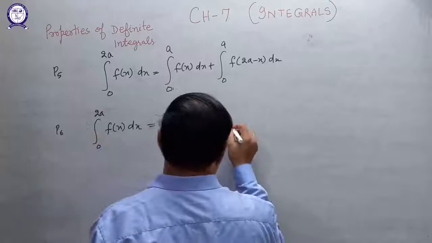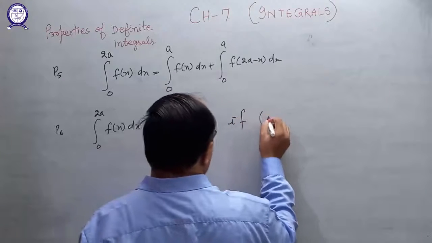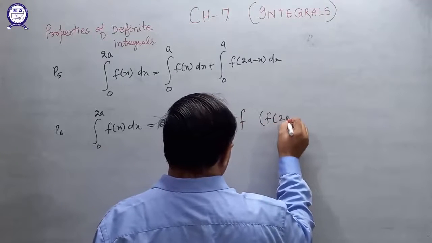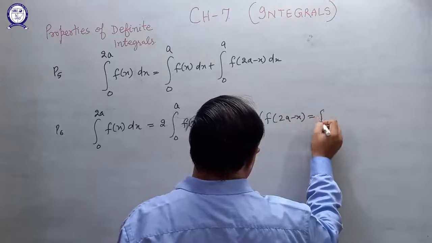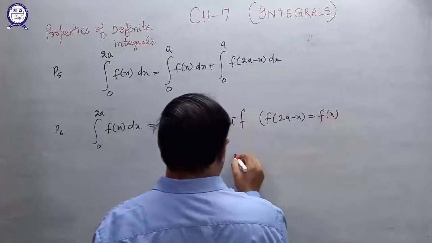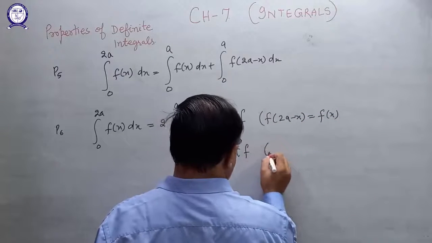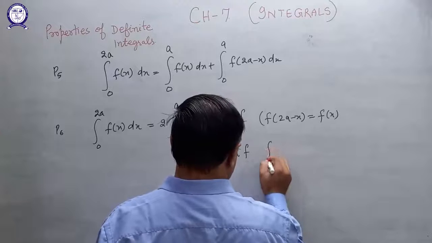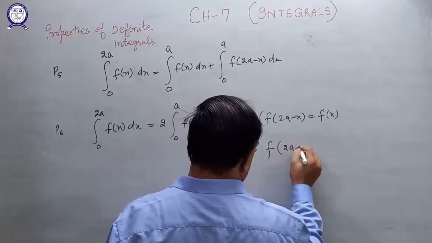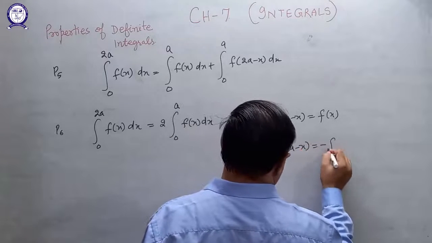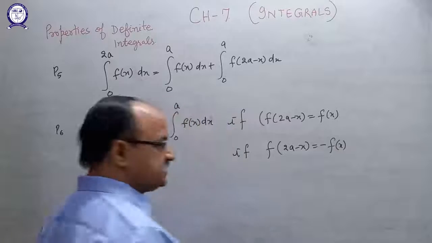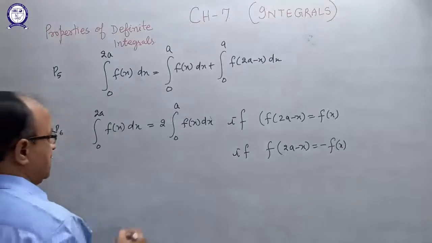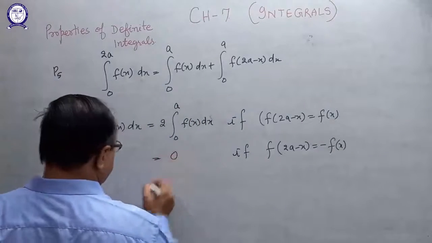This is a conditional property. If f of 2a minus x is equal to f of x, then it is twice integration 0 to a. And if f of 2a minus x is equal to minus f of x, then you can say this is equal to 0.